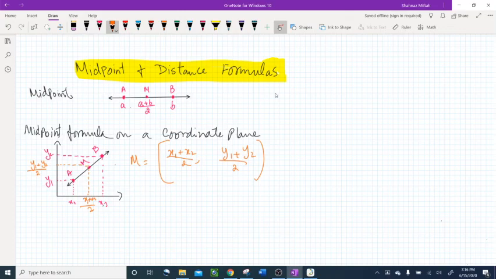Now let's do the examples. I'm going to do the example for the number line first. Example number 1 for the number line.